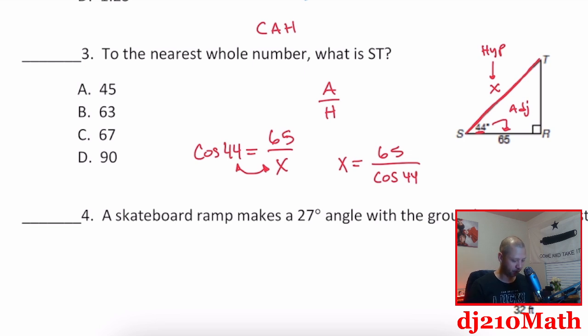So you always want to make sure that in the top right corner of your Inspire, it's in degree, DEG, and mine is. So let's see, 65 divided by cosine 44. 90.36. And that rounds, so we'll round that to the nearest whole number, D.